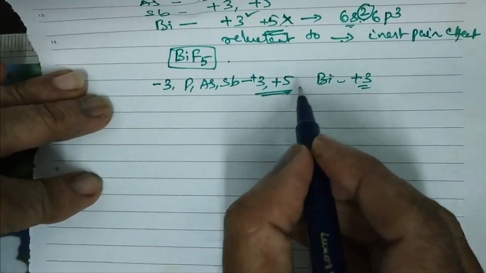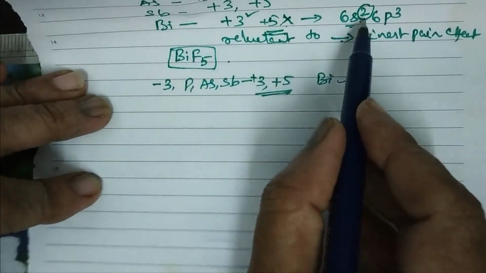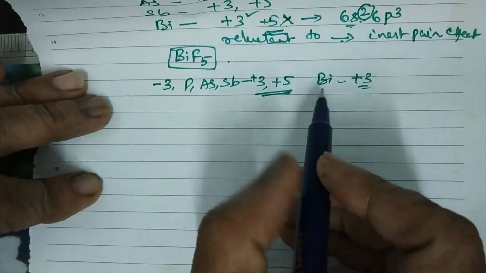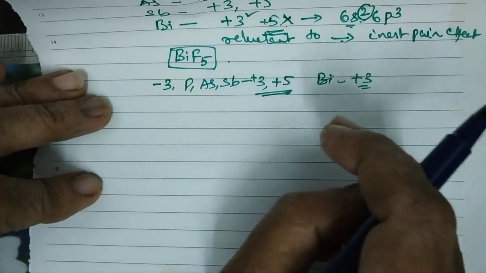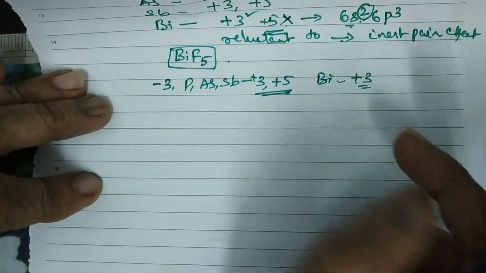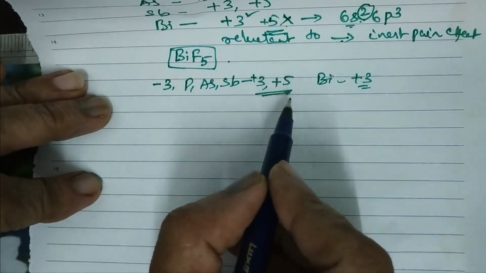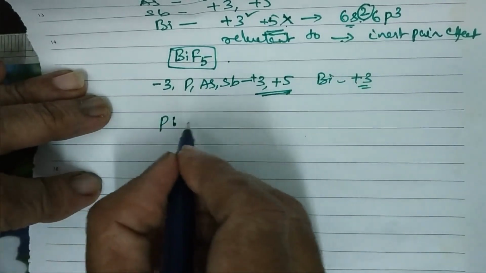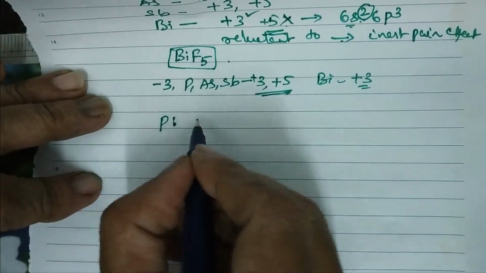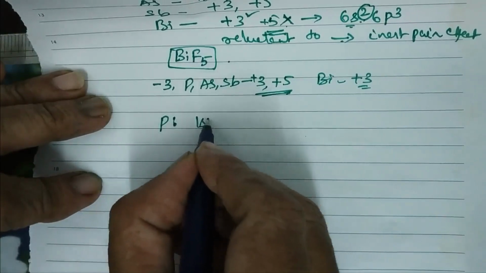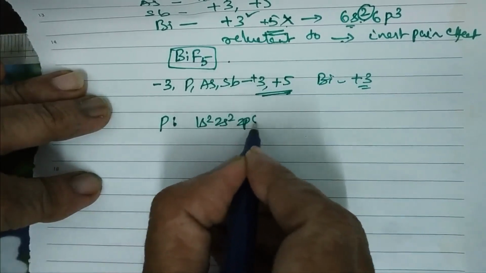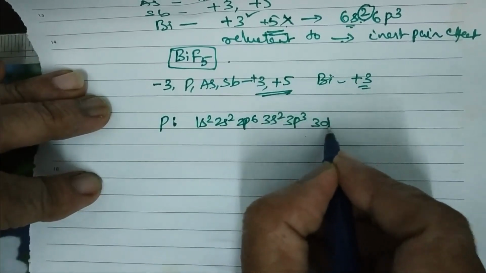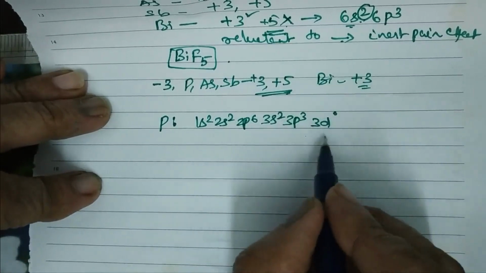So the paired s electrons split into unpaired electrons and go to the nearest d orbital, so the oxidation number increases. We will discuss this using the phosphorus atom. The electronic configuration of phosphorus is 1s2, 2s2, 2p6, 3s2, 3p3. Here the 3d orbital is empty.